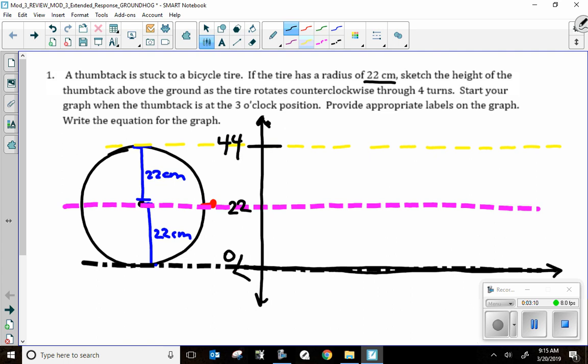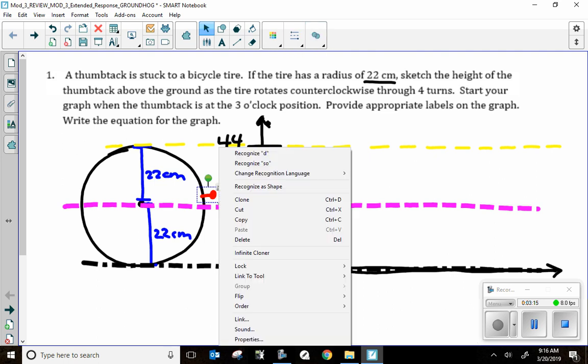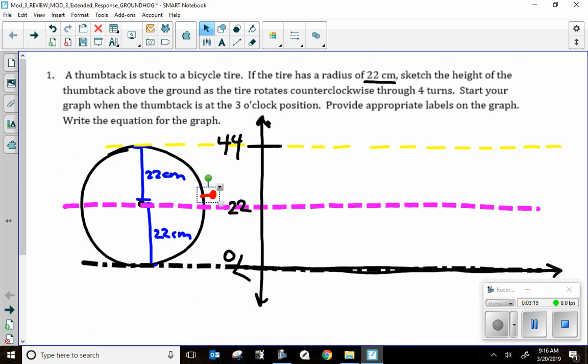So my thumbtack, which starts right there, is going to start here. Then it's going to go up to 44, back to 22, down to 0, then back to 22. That's 1 revolution, and I want to do that 4 times.